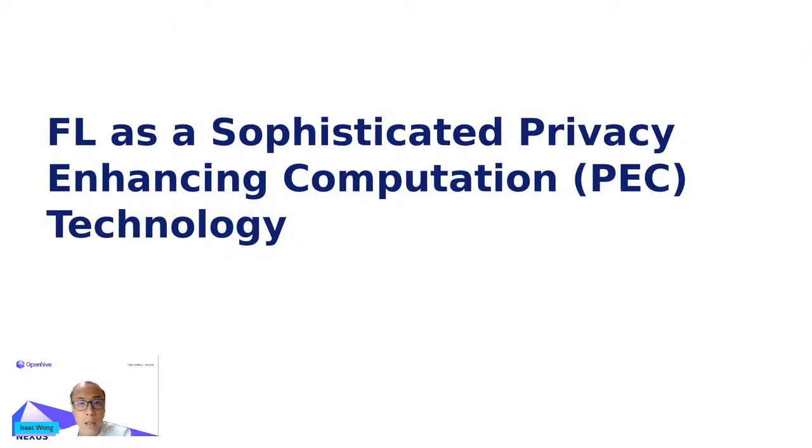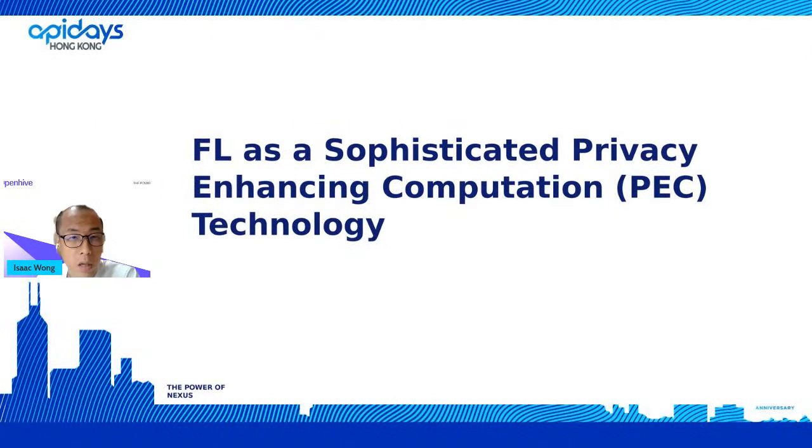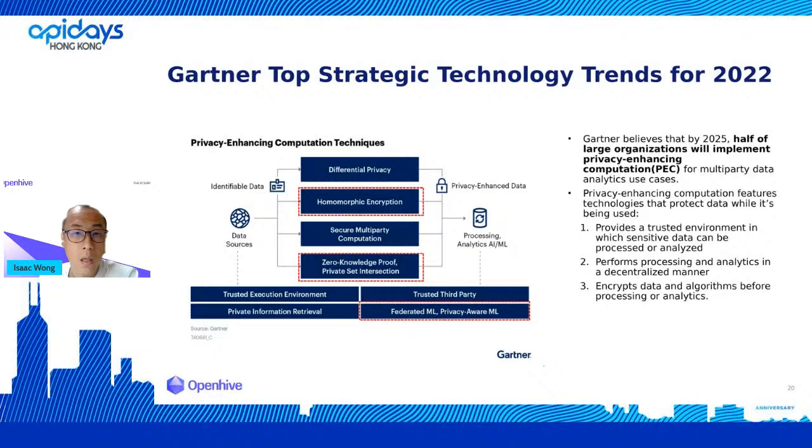So in these coming sessions, I will be talking a little bit about how federated learning is related to the broader scope of technology, the PEC. From Gartner, we learned that these technologies will be the strategic technology trends for 2022.